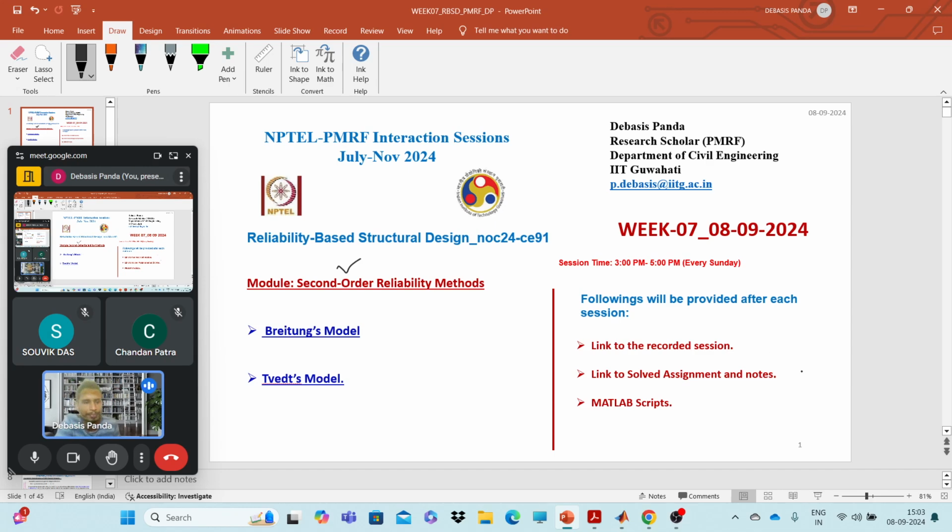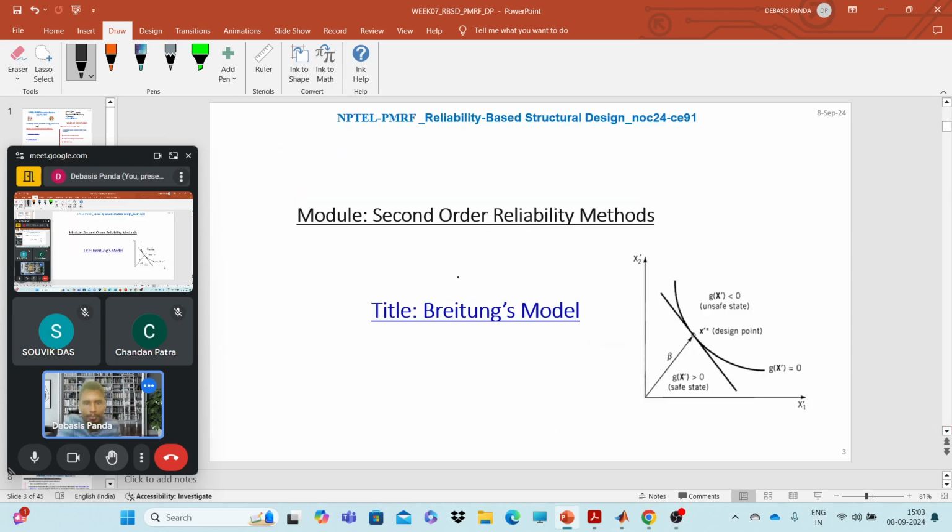Okay, so let's start. Before going to the second order reliability method, let's quickly revisit the concept of the first order reliability method. During the last few interaction sessions, we solved different problems using the first order reliability method.